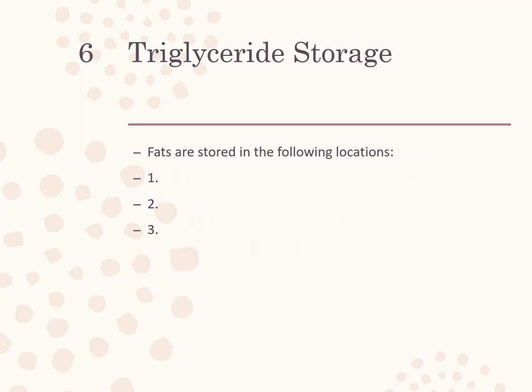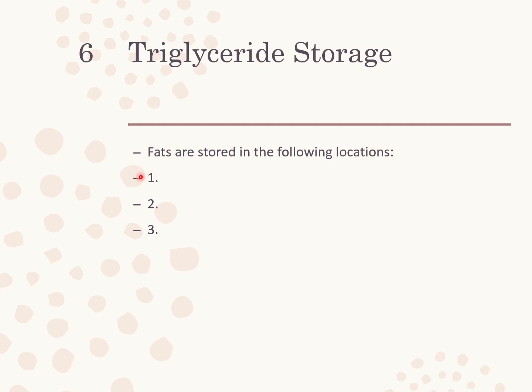Okay. When we think about triglycerides or fats within our body, fats can be stored in essentially three locations internally. Number one, probably the place of the greatest amount of fat storage within the body is our adipose tissue. Adipose tissue is the same thing as your fat cells or your fat tissue.